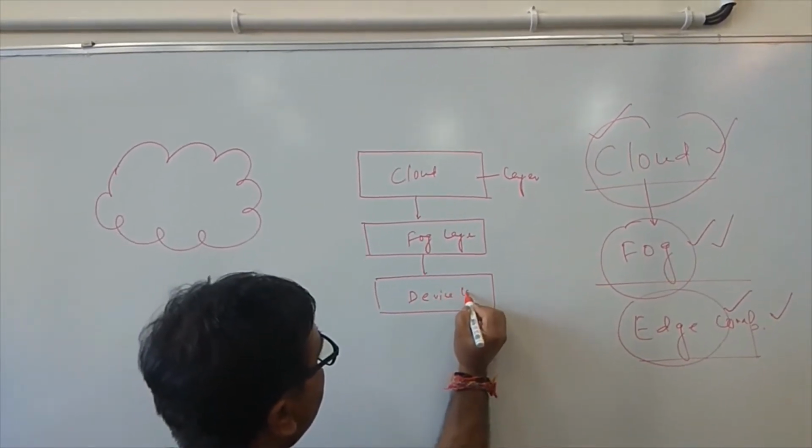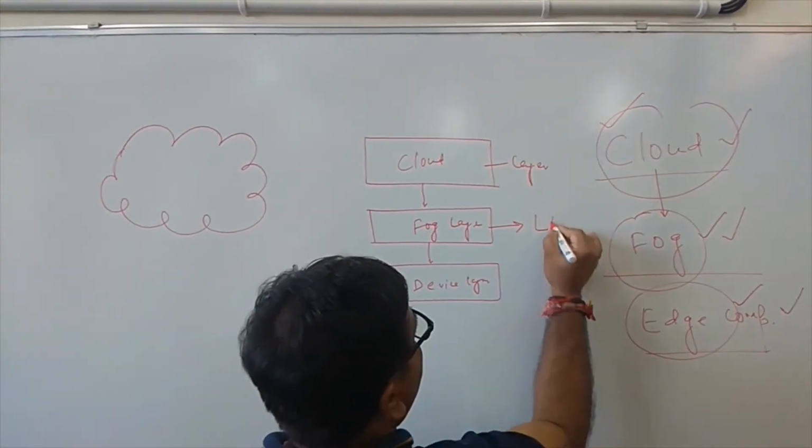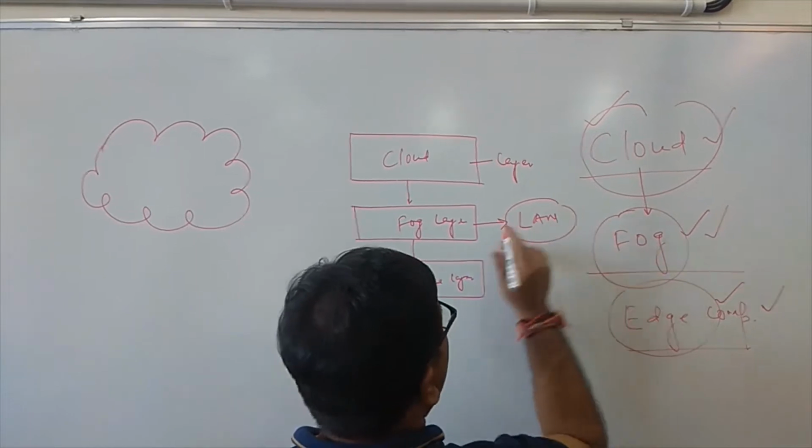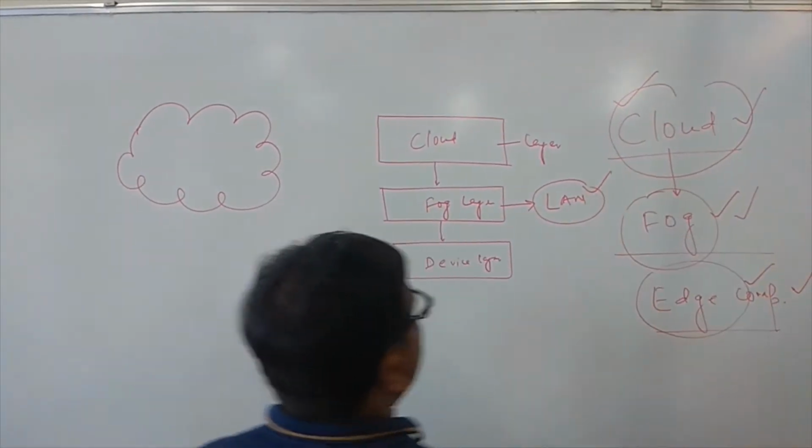Device layer. This fog layer is nothing but the local area networks, right? This fog layer is a part of local area networks.